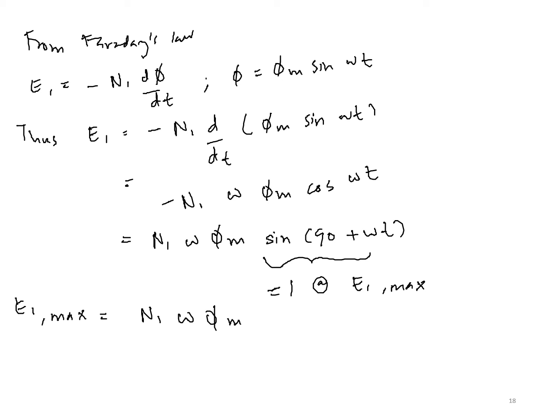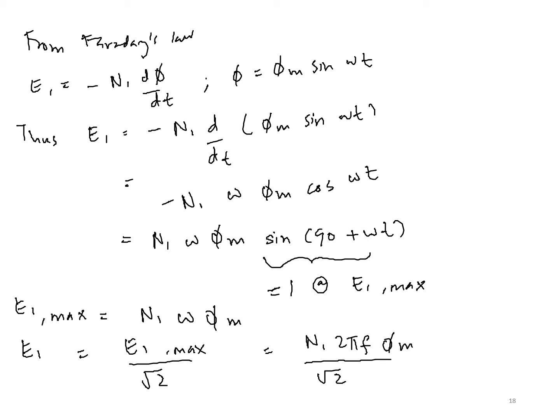If we change to RMS value, E1 is equal to E1 maximum divided by root 2. So we obtain N1 times omega, which is 2 pi f, multiplied with psi m, divided by root 2.